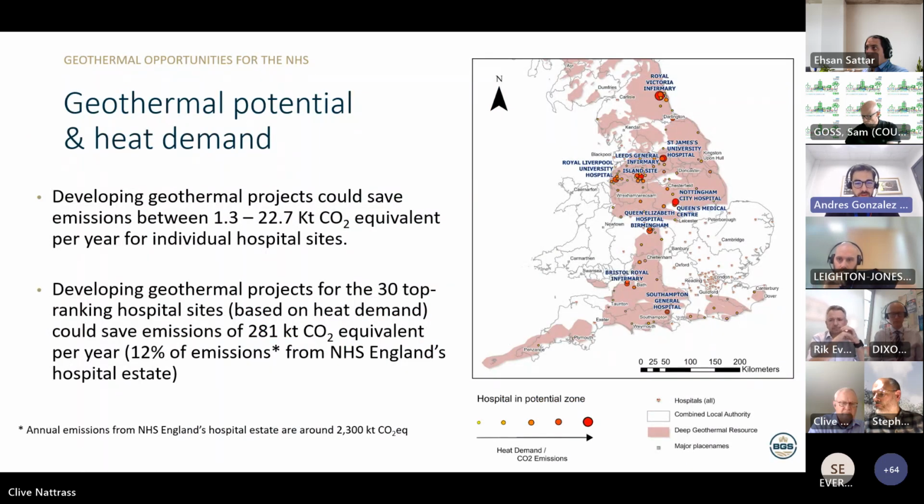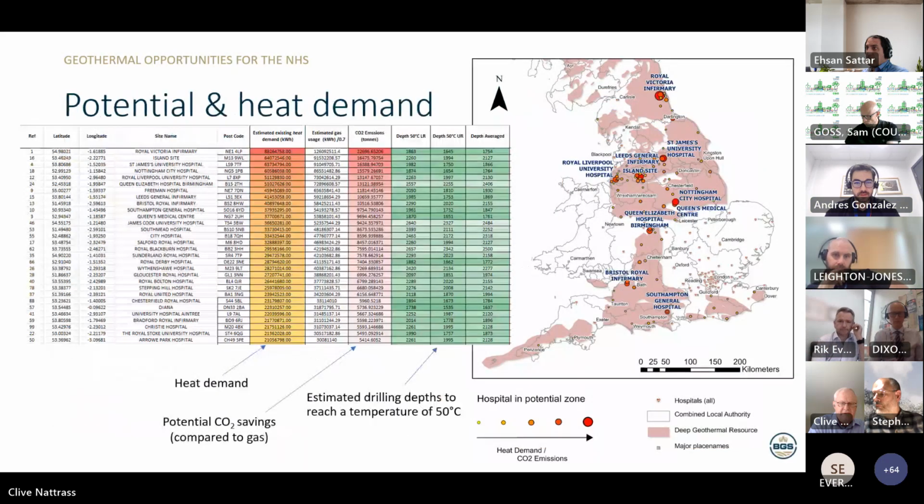Previous one, yeah, I think. Yep. So we have ranked the hospitals in these basins using the heat demand. We have estimated the CO2 savings compared to use of gas, and we have used the maps to estimate the depths to reach 50 degrees Celsius temperature.